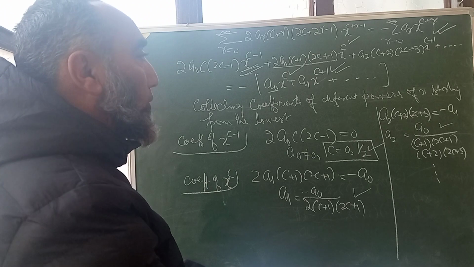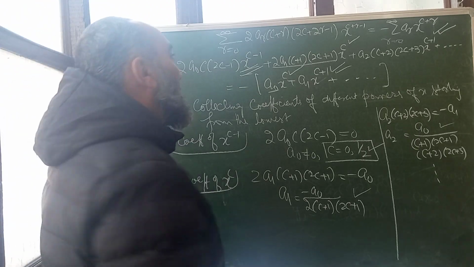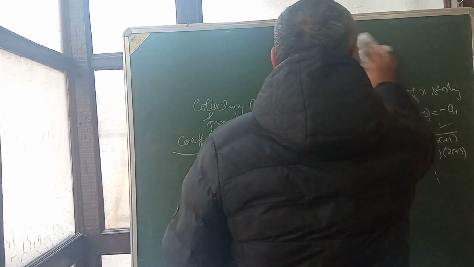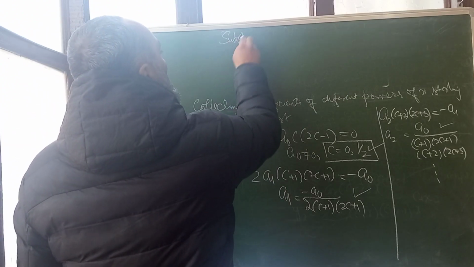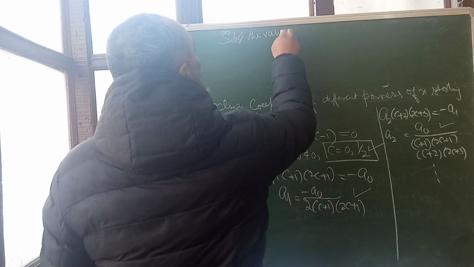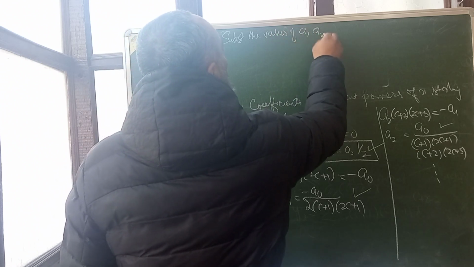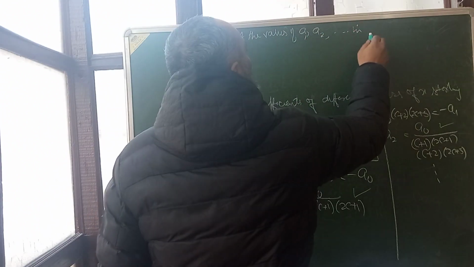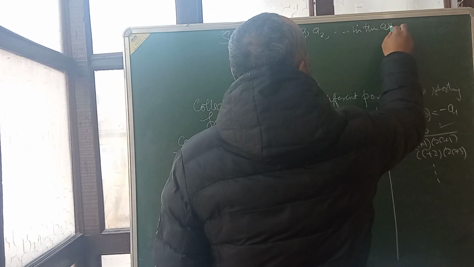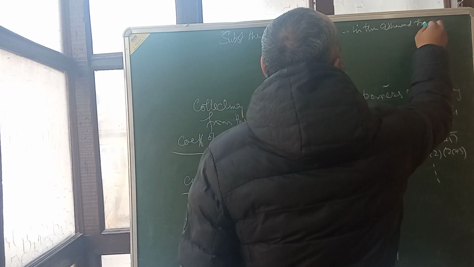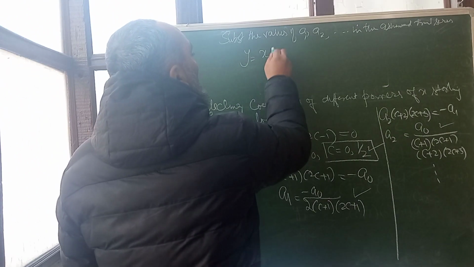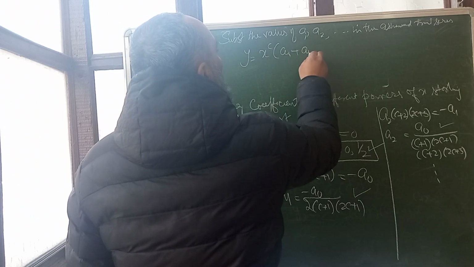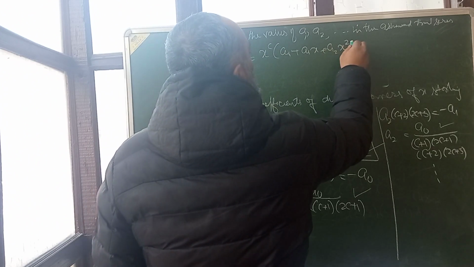Now let me substitute the values in the assumed trial series. Hence, from the assumed trial series, substitute the values of a1, a2, and so on in the assumed trial series. What was the trial series? X raised power c, a0, a1x, a2x square plus so on.